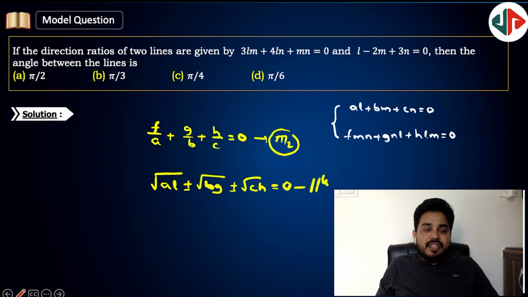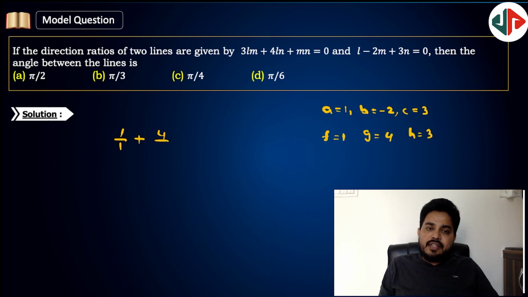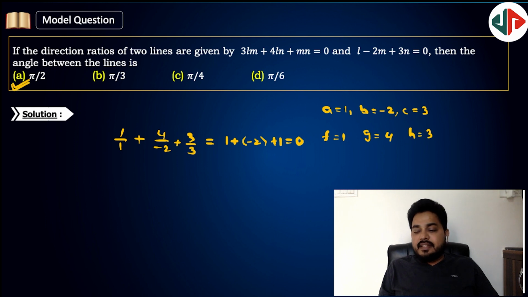So with the help of this property, if you take A equal to 1, B equal to minus 2, C equal to 3, and F is 4 by minus 2 plus 3 by 3. What value are you going to get? So 1 plus minus 2 plus 1 is equal to 0. So the angle is 90 degrees.